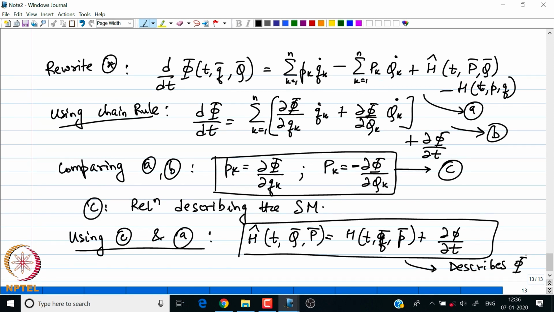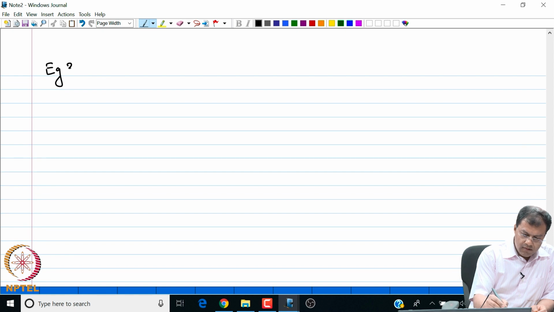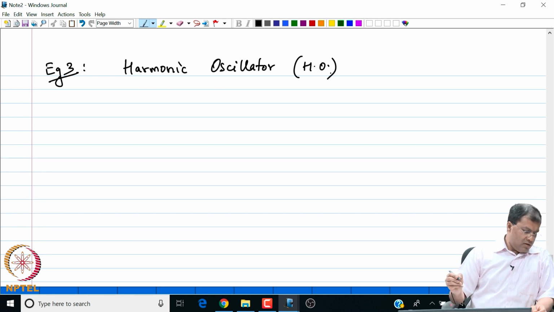So we are ready to look at the power of symplectic maps through some examples. The example I have is the following. The example is that of the harmonic oscillator. Let me call this HO.